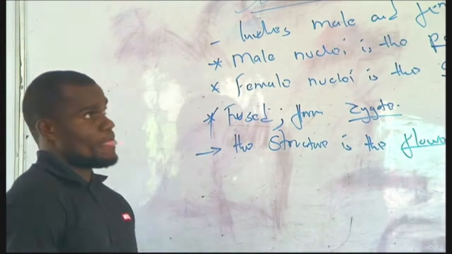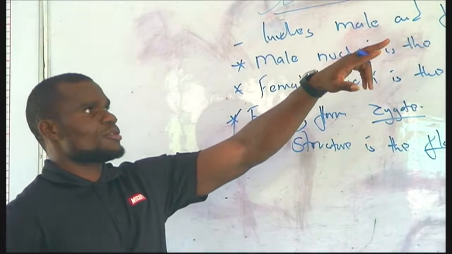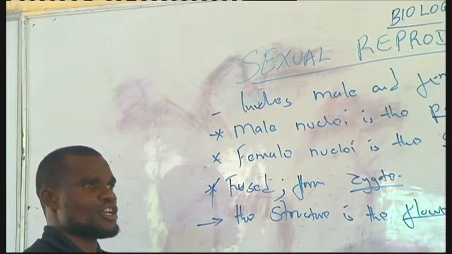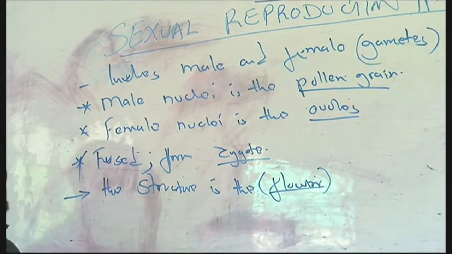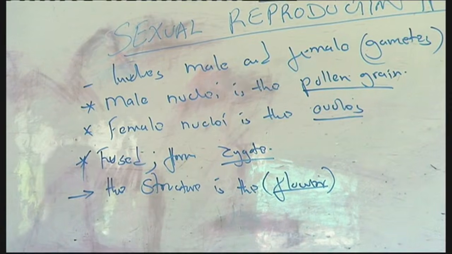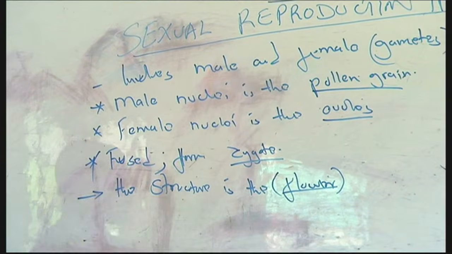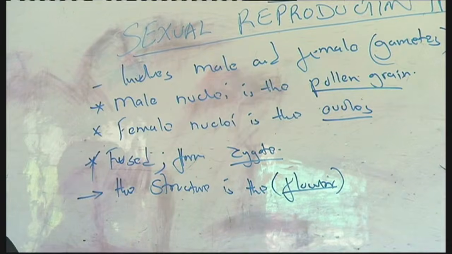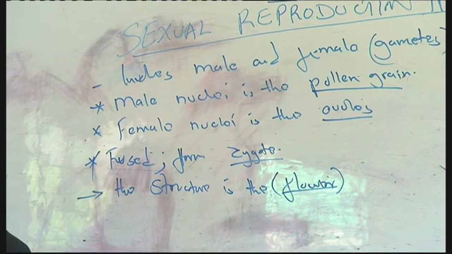So basically, when we are talking of sexual reproduction in plants, we are going to base on the structure, which is the flower, because it is the flower that bears the staminate part of a flower, that is the male reproductive organ, and the pistillate part of a flower, or the gynoecium.